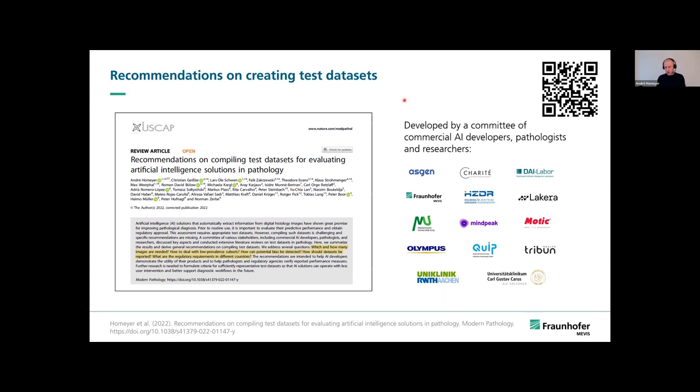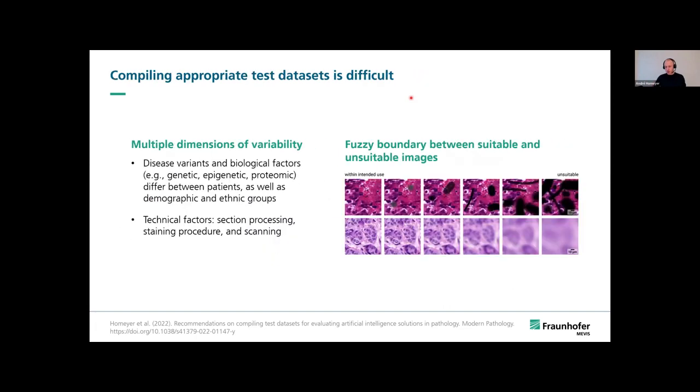Not only what representativeness means, but also where the whole target population of images of an AI solution, that is the total population of images that an AI solution is supposed to work with in its intended use, where it ends. Because it's really very subjective to say this image is still good enough and I would expect this AI solution to work on it.